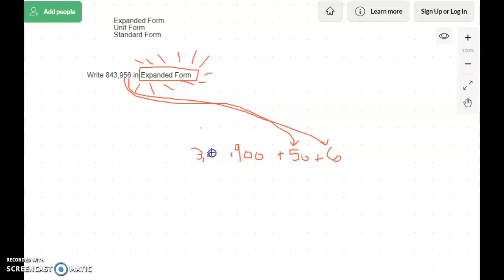So I'll start again. It's easiest for me to start in my ones column. So I have 6 ones. I have 5 tens or 50. I have 9 hundreds. 3 thousands. 4 10,000s, so that means I have 40,000.